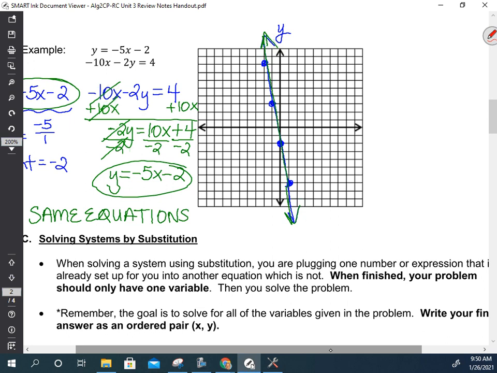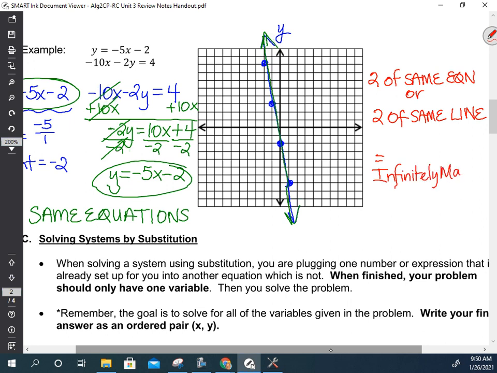So that means if you have two of the same equation, or two of the same line, then your answer is infinitely many solutions.